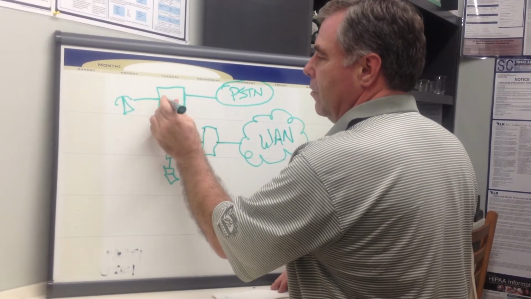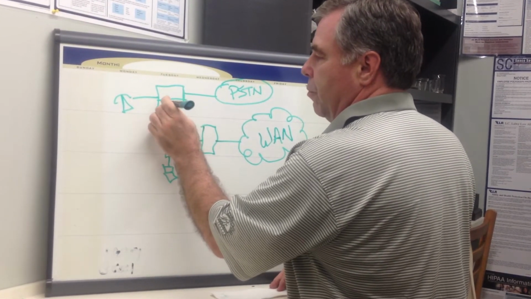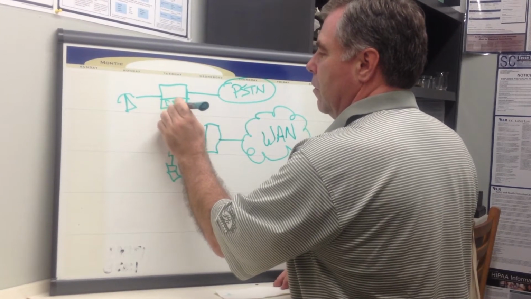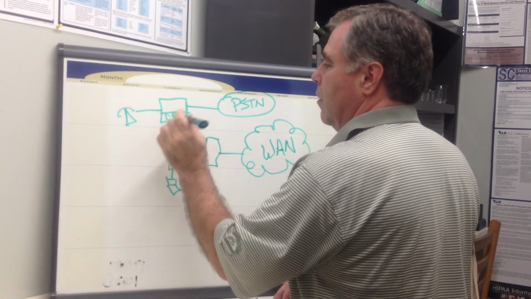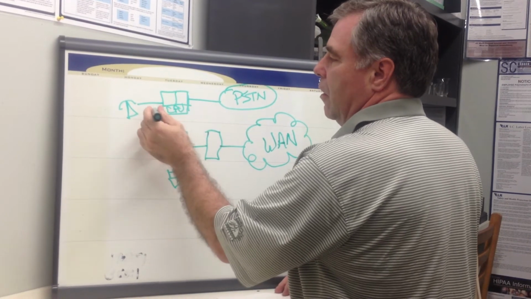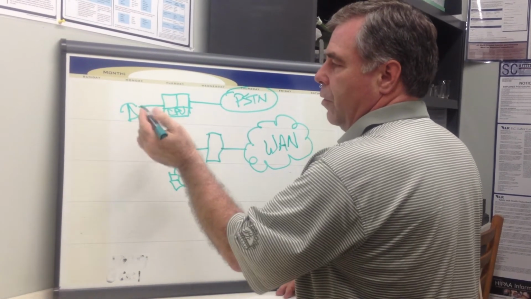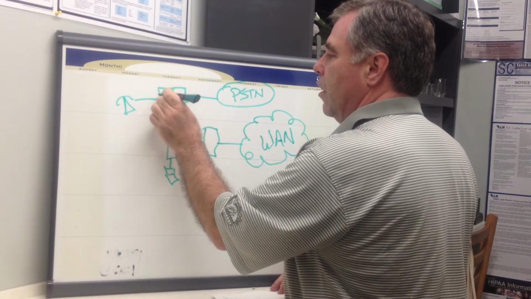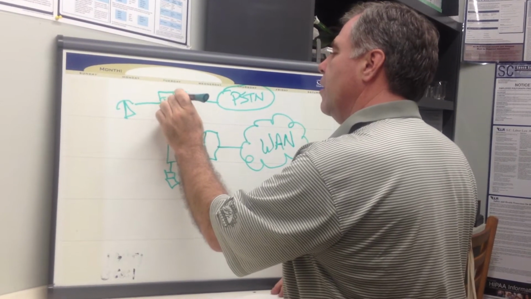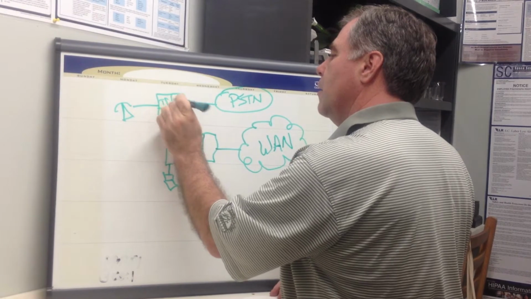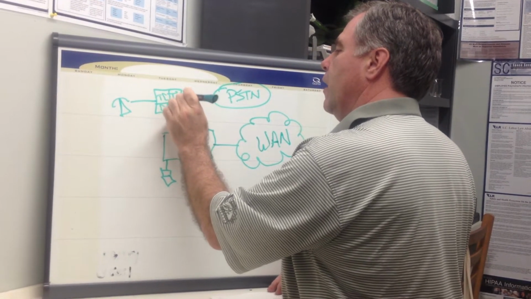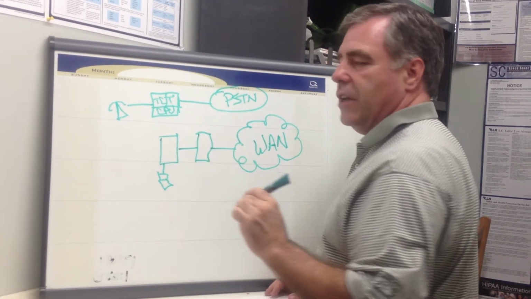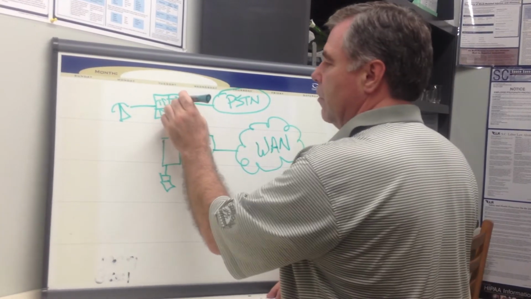Inside that PBX are the brains, or the CPU. On the telephone side, they have a telephone card, or line cards as they're called. And on the public switched network side, they have trunk cards.